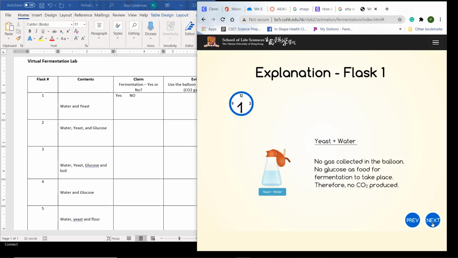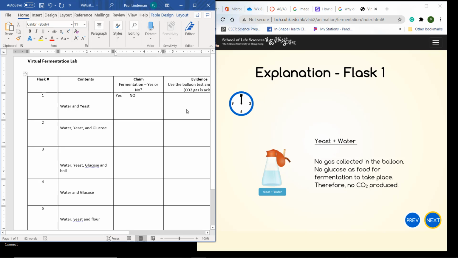Going back, we're going to go ahead and look at some evidence here for what was happening. So we have no gas collected in the balloon, no glucose as food for fermentation to take place. There is no CO2 produced. So over here, we can go ahead and write some of this evidence down.